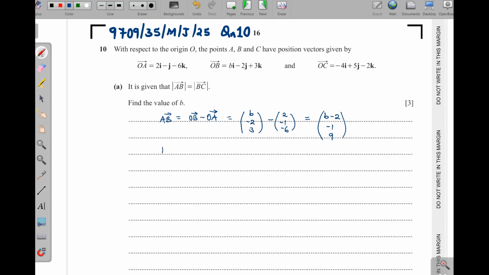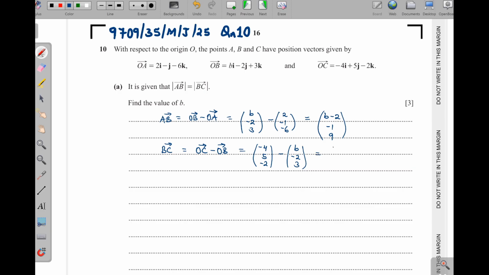Then we go to BC. So what will be BC? BC is going to be then OC minus OB. So what is OC? OC is here, negative 4, then 5, then negative 2. Then we put off OB, which is B, negative 2, 3.